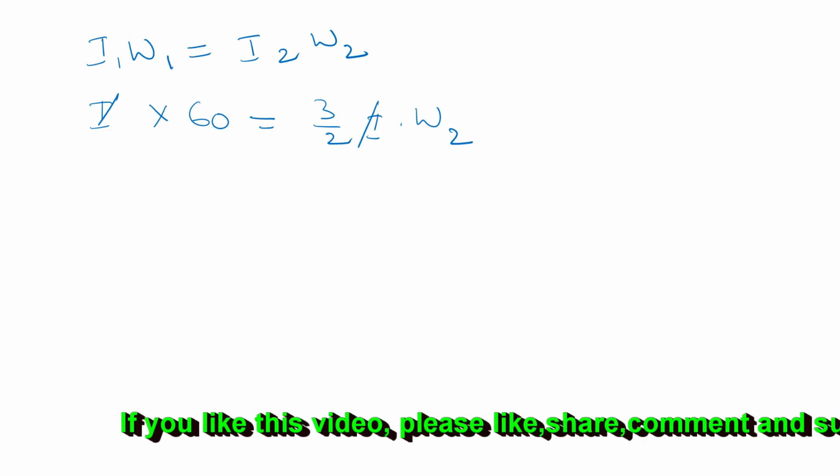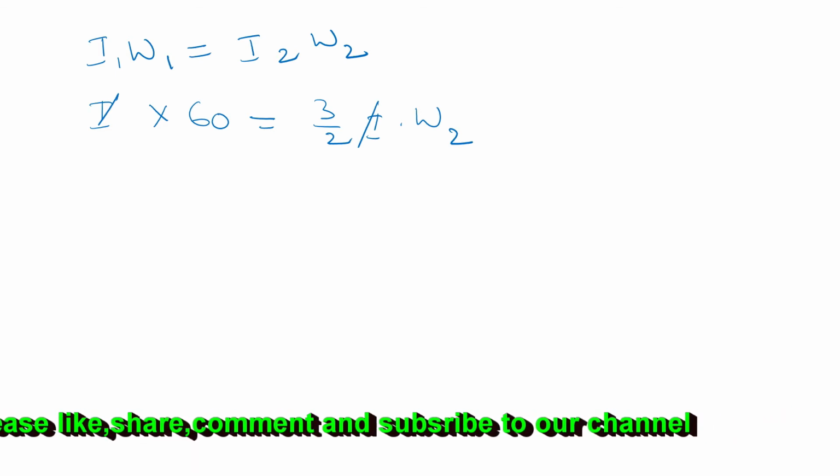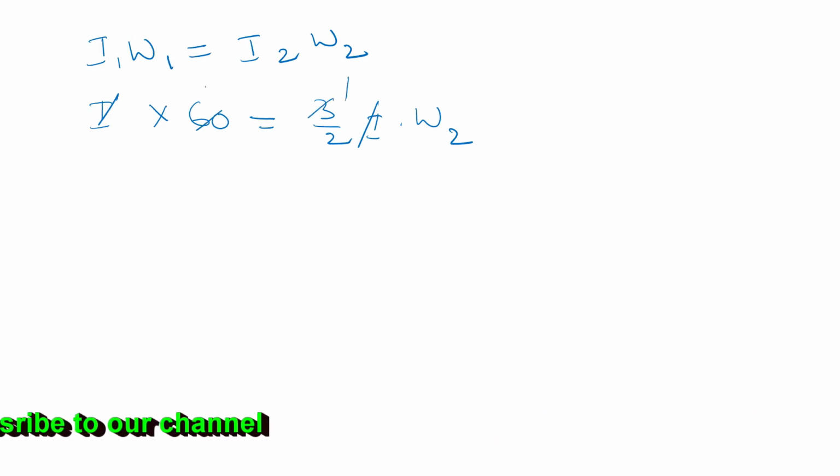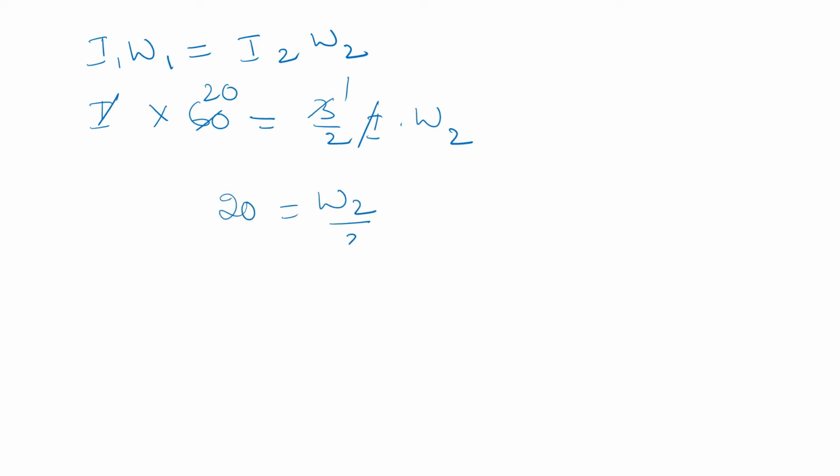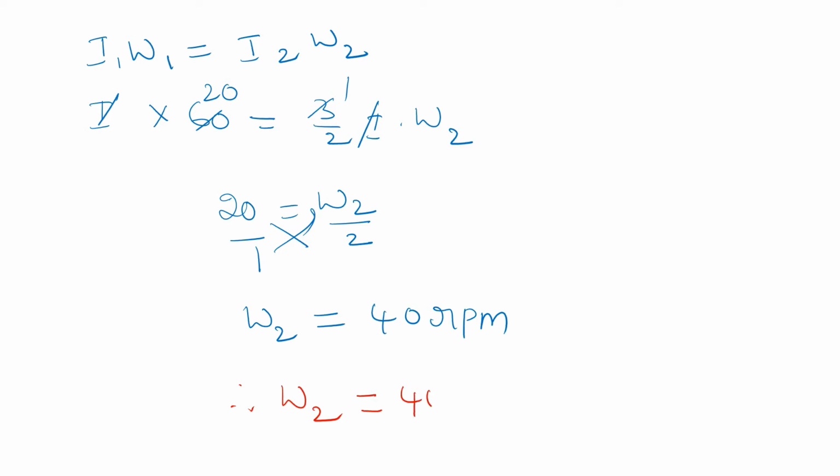I gets cancelled, here 3 ones 3, 20s, so 20 is equals to omega 2 by 2. Now taking cross multiplication, we are getting the new speed of revolution, that is equals to 20 into 2, 40 rpm. So therefore the new speed of revolution omega 2 is equals to 40 rpm.